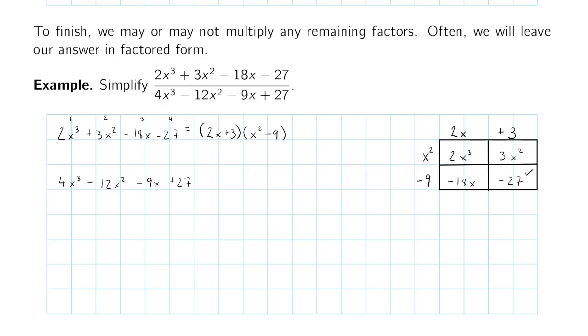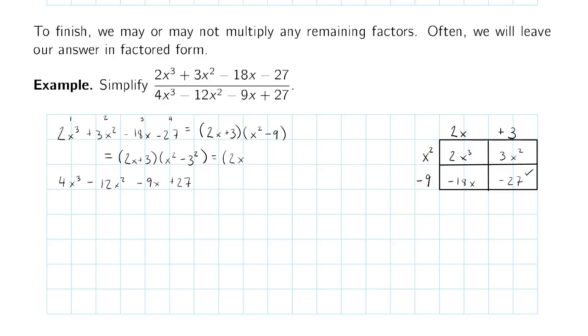Now remember, we need to factor fully. So 2x + 3, that's linear, I can't factor that any further. x^2 - 9, that's a difference of squares. So I've got my 2x + 3 times x^2 - 3^2.